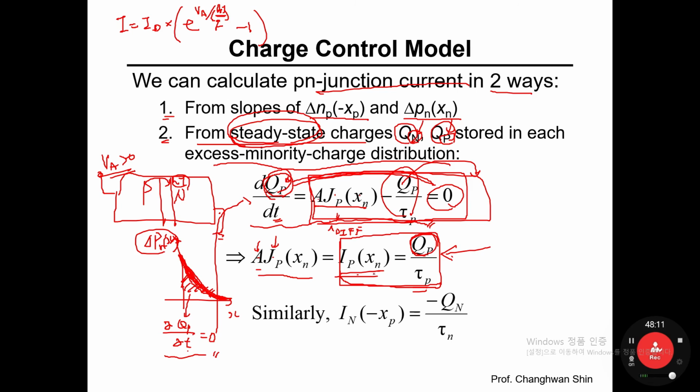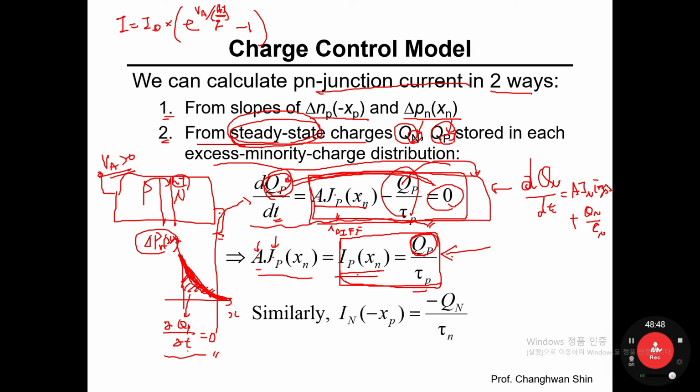So similarly, we can repeat this equation for dQn/dt is equal to A J n at minus xp, the depletion layer edge on the p side, plus Qn over tau n. But since the polarity of electrons is opposite to the polarity of holes, I have used the plus.